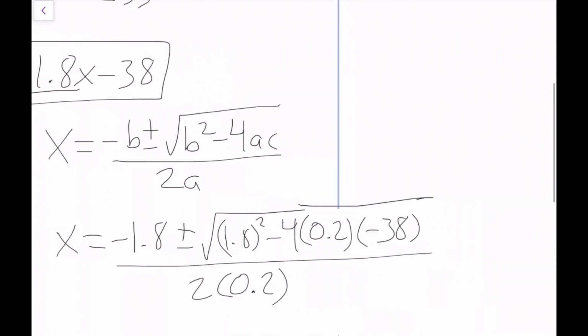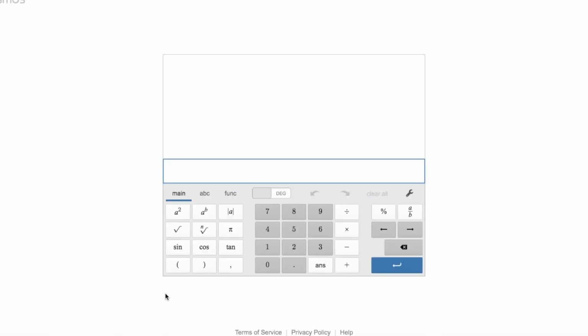Now, once again, you could do this out. But since we did the last example out, let's use a calculator for this. So I have Desmos up right here, the scientific calculator. And I'm going to type in negative 1.8. And I'll do plus first, and then I'll easily be able to change it to the minus.